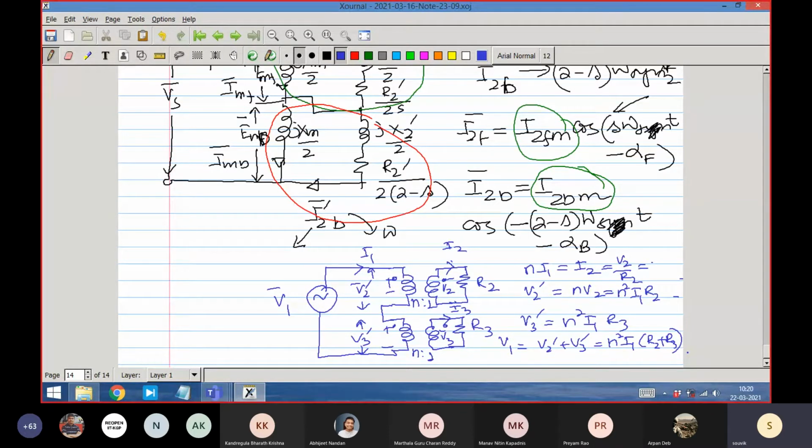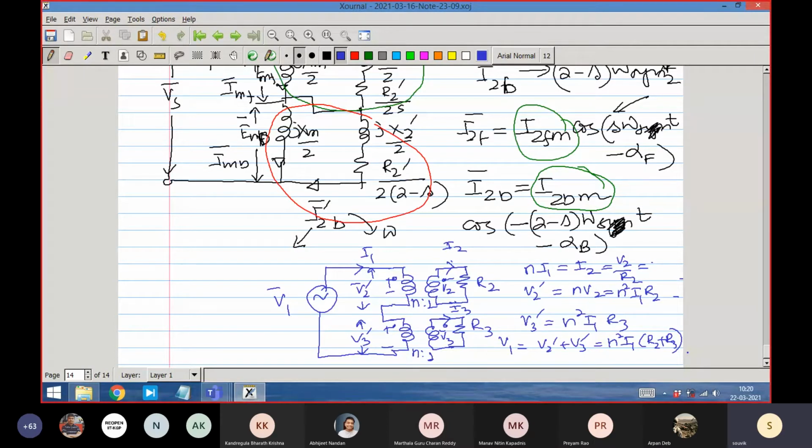Now, it is neither a function of theta nor a function of time. But in our case, it is a function of time. It may not be a function of theta. Its peak is always at the same place, but it is a function of time. In the case of a DC machine, you can say the magnetic field is stationary.